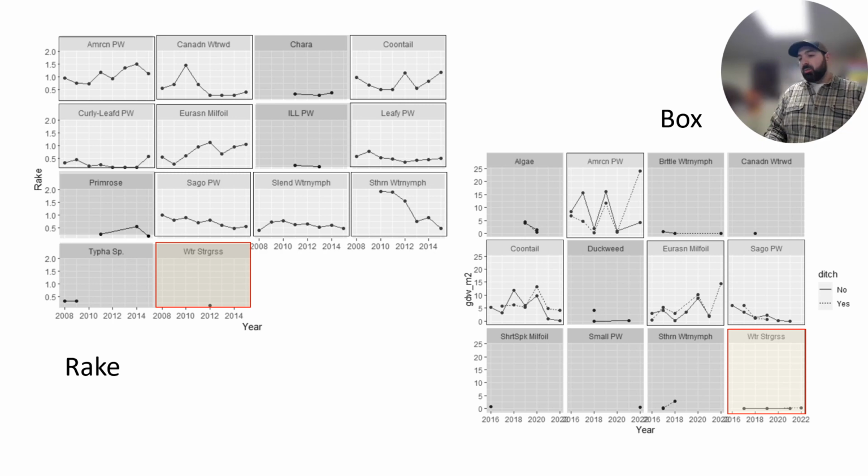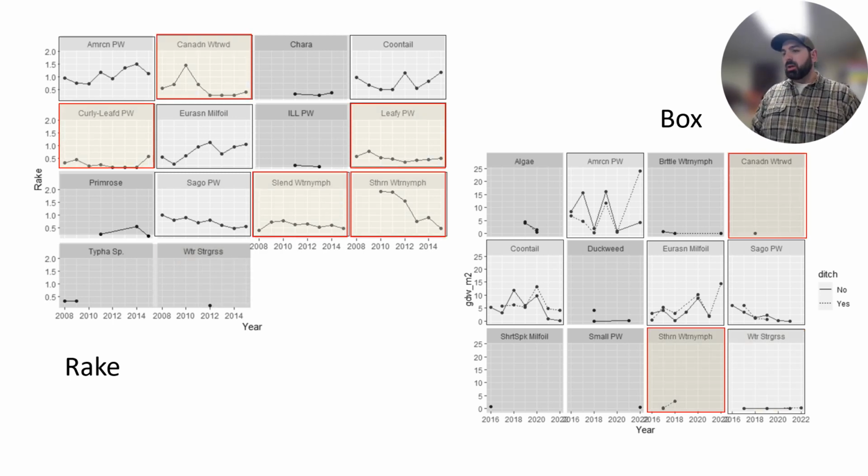First, I just want to highlight water stargrass. Water stargrass was not very abundant or present originally, but it continues to keep coming up, so it seems to have stuck around. It's still at fairly low abundances all around. Then we have several which occurred in the earlier time period, which seem to occur fairly commonly and at moderate to low abundances, but which now are either not even detected or are detected rarely and at low abundances.